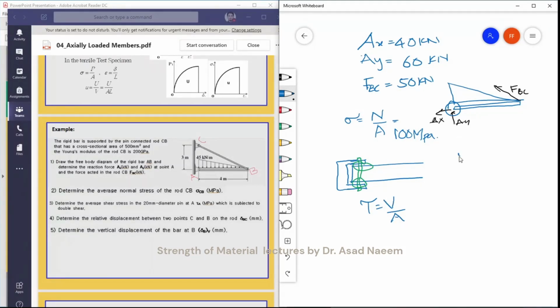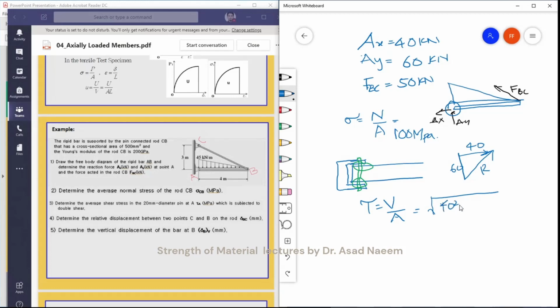We need to calculate the resultant force, which will be R. This is given, it is 40 and this one is 60, so we can calculate the total force. This was the mistake in the assignment, so you have to be careful: if there is only Fx or Fy, then you only use Fx or Fy, or else you have to calculate the total reaction that is caused by these components.